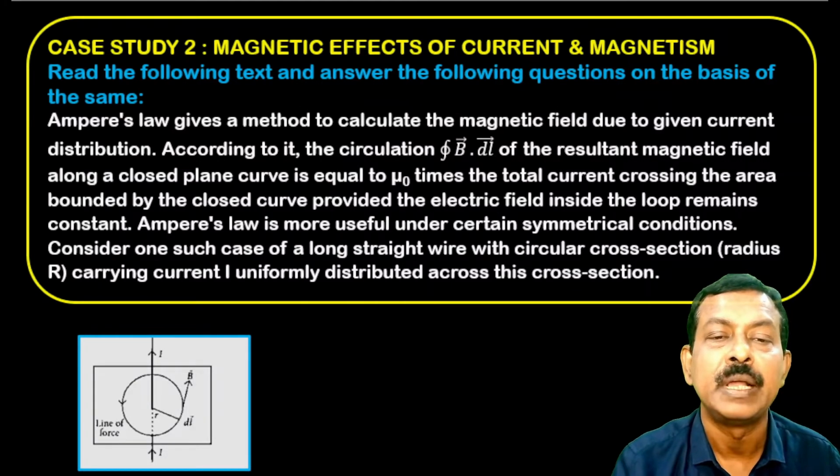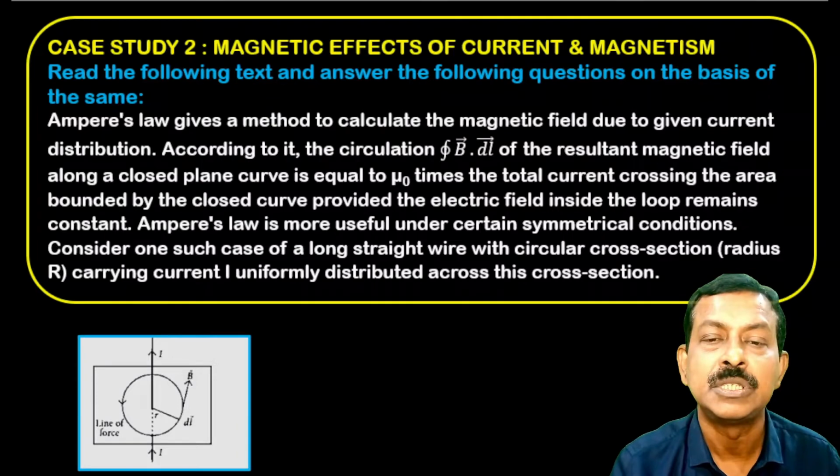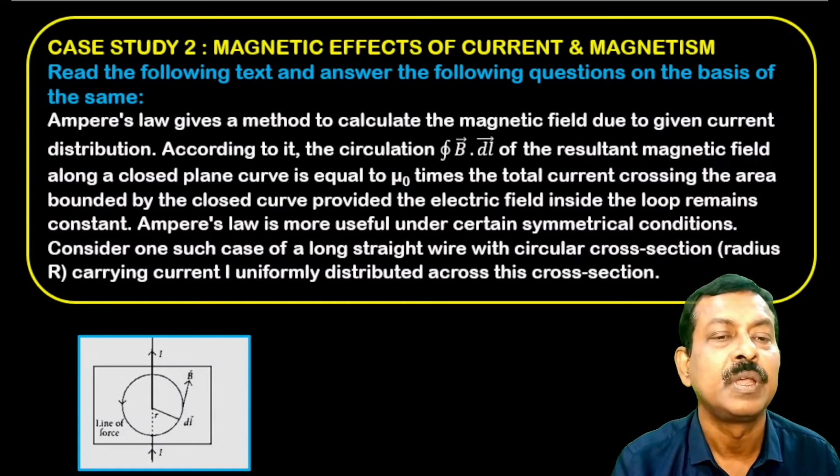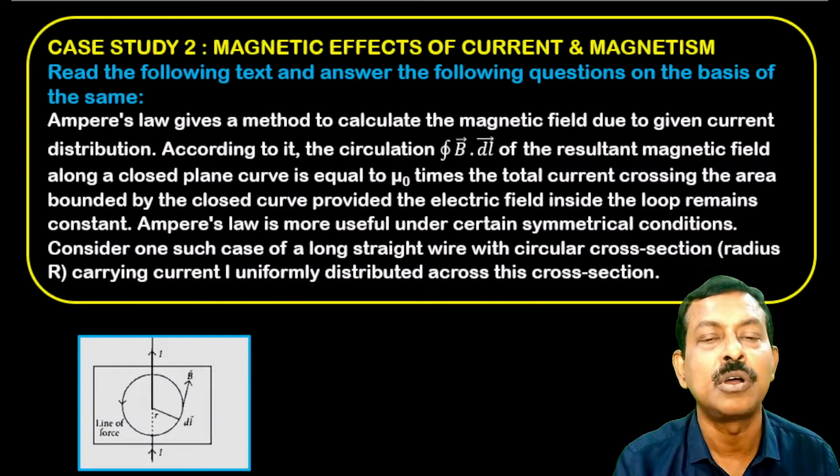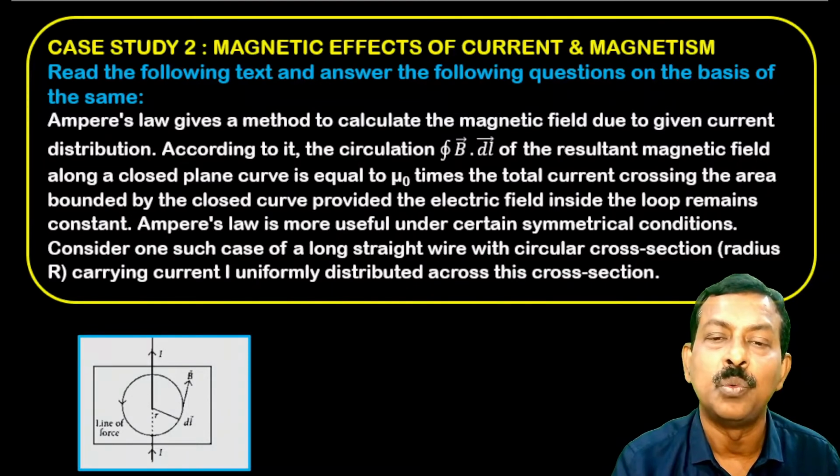Ampere's law is more useful under certain symmetrical conditions. Consider one such case of a long straight wire with circular cross section, radius R, carrying current I, uniformly distributed across its cross section.